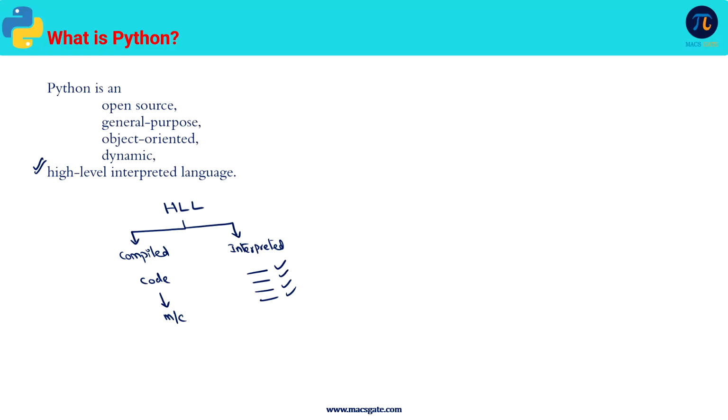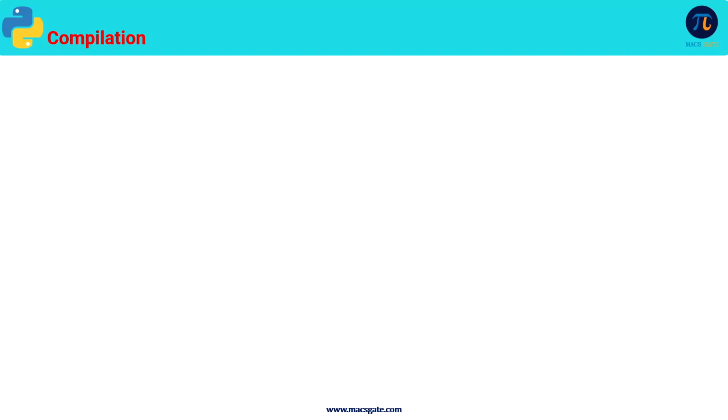Now let us understand the execution process in Python. Before that, we need to understand the compilation process. Compilation can be classified as platform dependent compilation, which happens in programming languages like C, C++, and platform independent compilation, which happens in programming languages like Java and .NET.